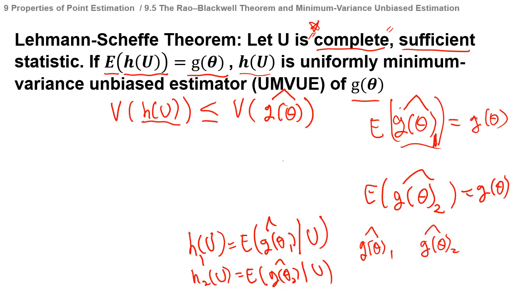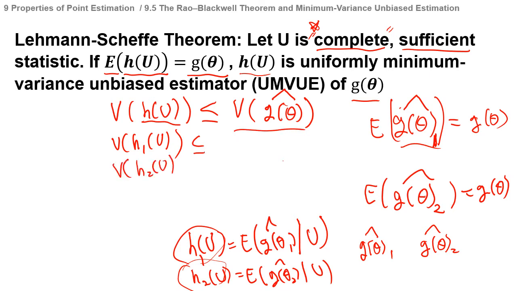So the variance of each of them is less than or equal to the variance of the original one, and actually it can be uniquely described. If you define it this way, then H1 of U and H2 of U should be the same.